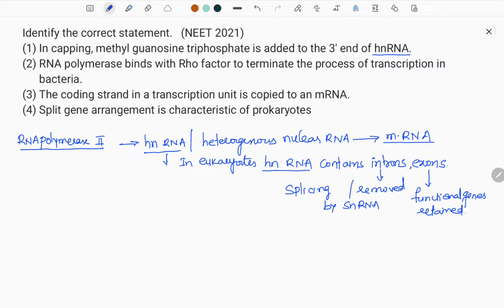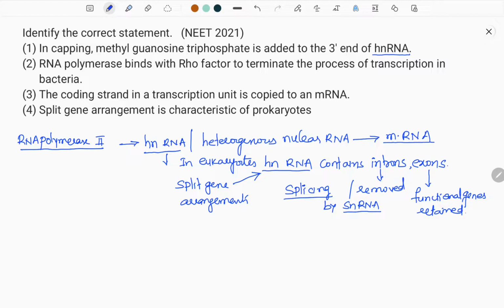And having introns and exons is called split gene arrangement, which is not seen in prokaryotes.